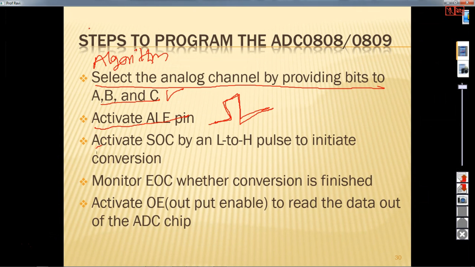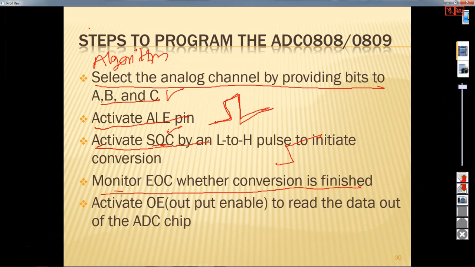Then you activate the conversion process by giving SOC a low to high pulse. To initiate conversion, you have to give a low to high pulse on SOC. Now you need to monitor the end of conversion signal.